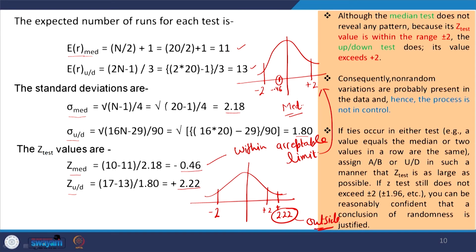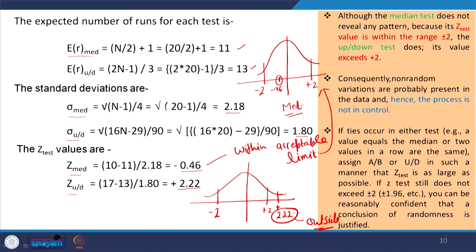So, since this point is outside the acceptable limit, we are not going to accept this particular point because it is beyond plus 2 value. So, there are too many runs, because we want a balance between few runs and many runs, and since this 2.22 is towards the positive side, it means that there are many runs in case of U and D, up and down.